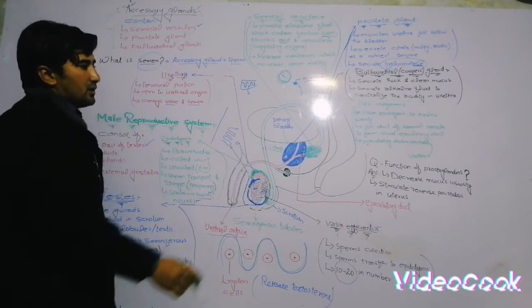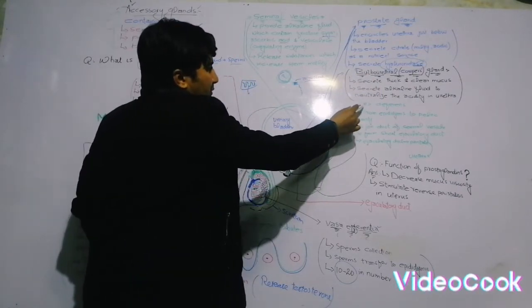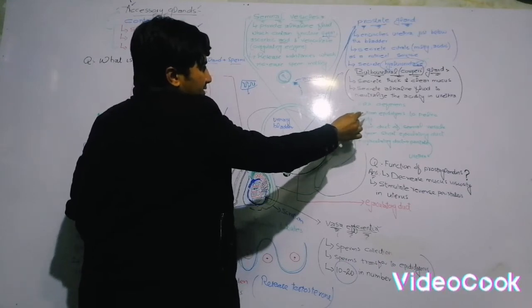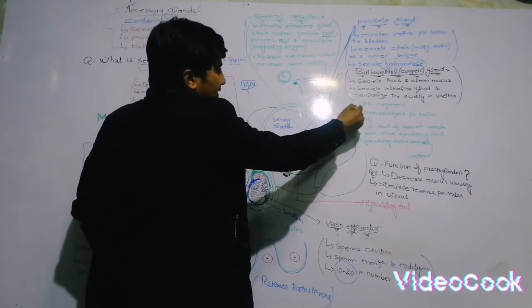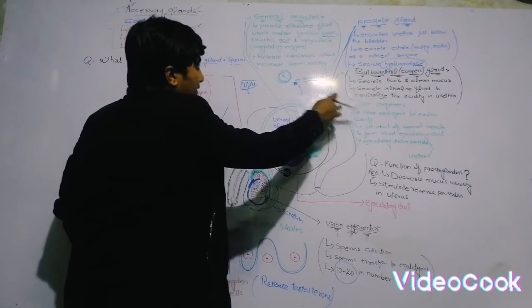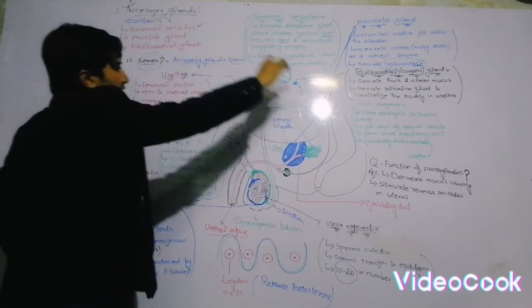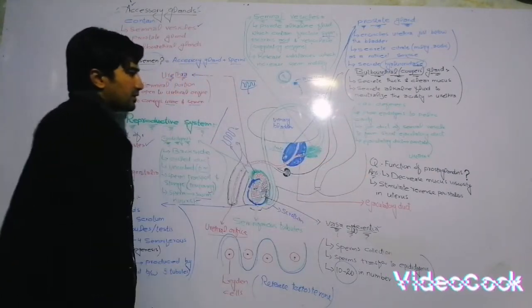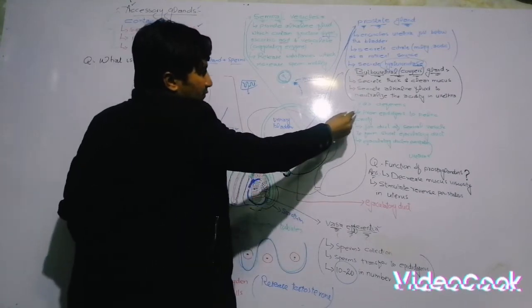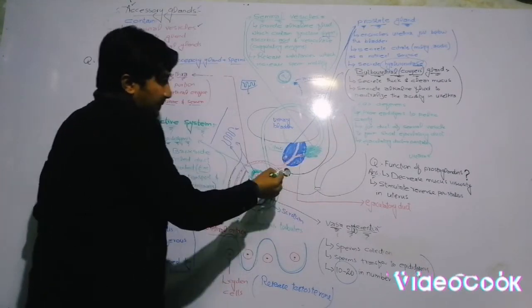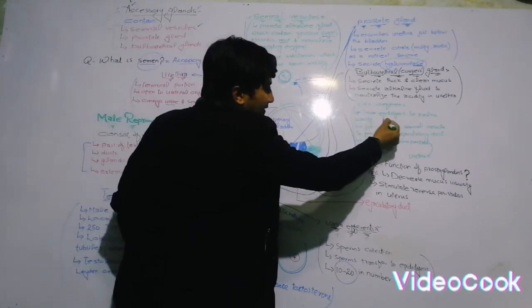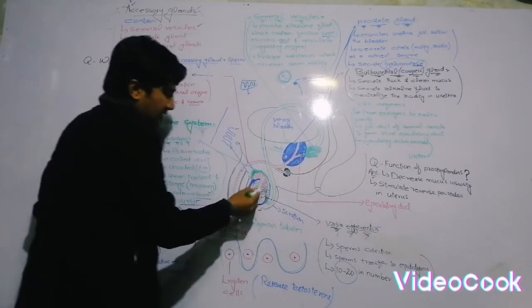Now it comes to the vas deferens. What is the vas deferens? It is not one of the accessory glands, but a separate portion. The vas deferens is elongated from the epididymis to the pelvic cavity.